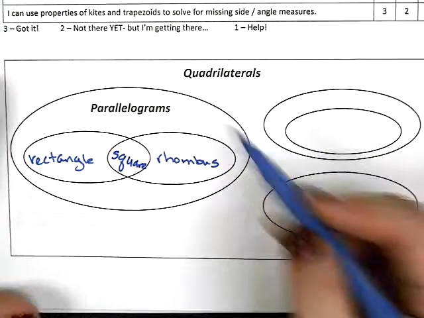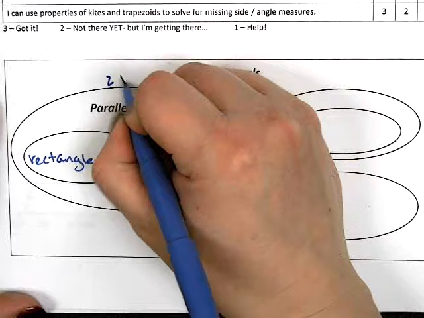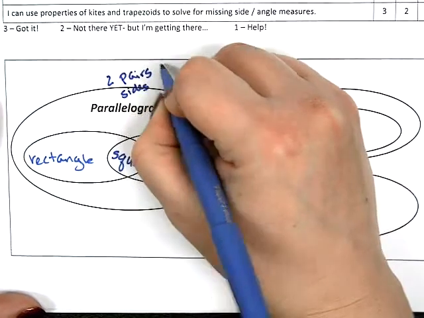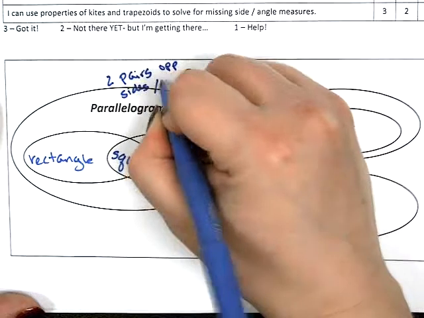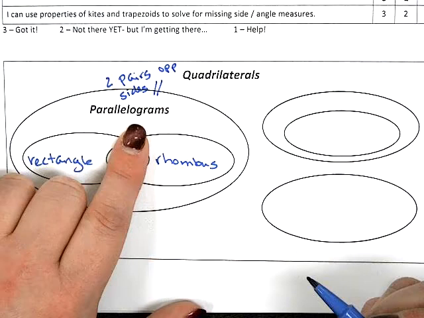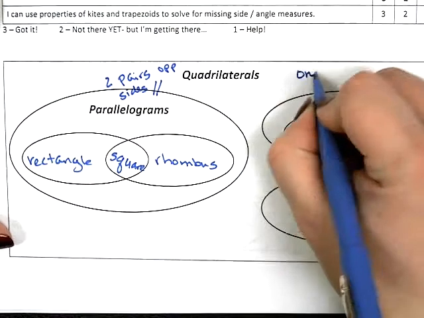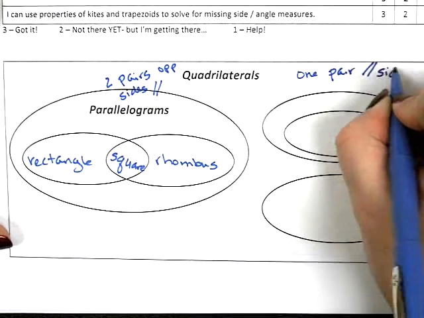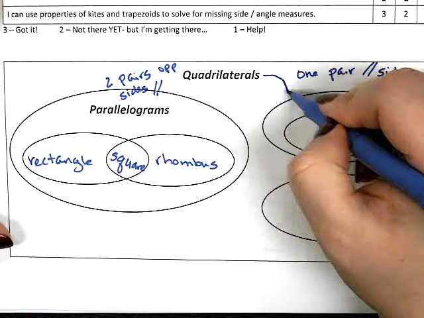Okay, so if we have two pairs of opposite sides parallel, that's when we get to a parallelogram. If we've got one pair of parallel sides, that's when we get to a trapezoid.